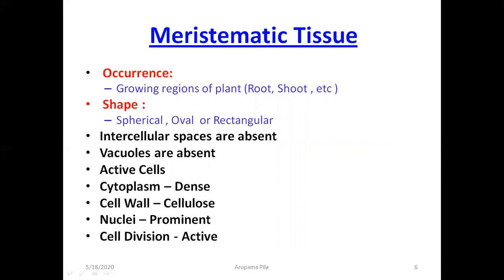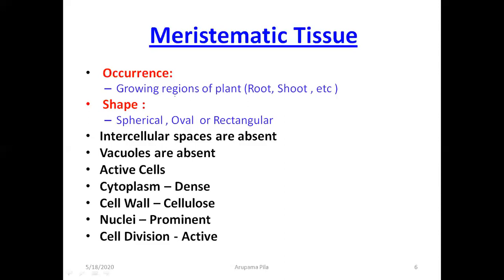In those specific regions, dividing cells called meristematic tissues are present, and on the basis of their position in the plant, meristematic tissues are classified into three categories. Number one is apical meristem, number two is lateral meristem, and number three is intercalary meristem. We will study about them.